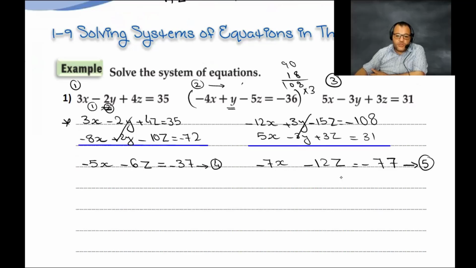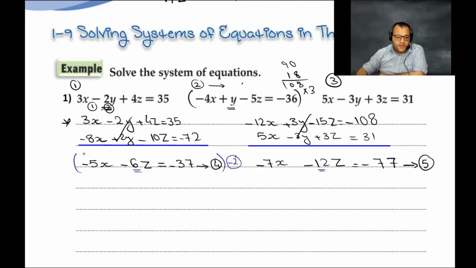Now we have 2 equations and 2 variables. Can we solve them now? Yes. Now we can multiply equation number 4 by negative 2. Why negative 2? To make the same coefficient so we can cancel out the z. But because both of them have a negative sign, we change one of them.